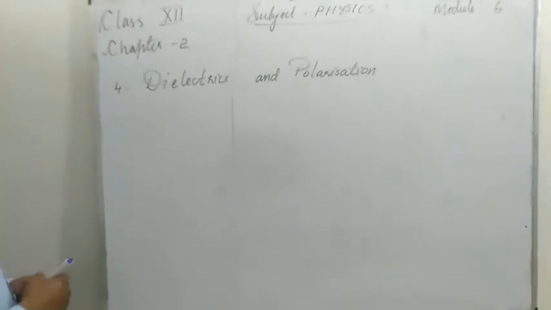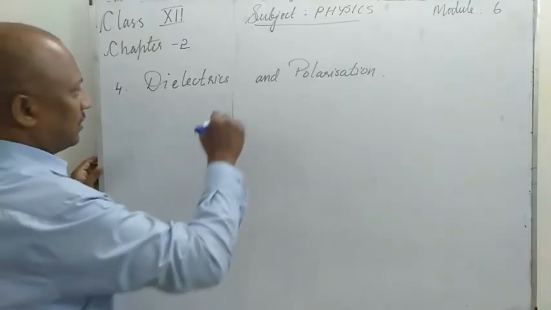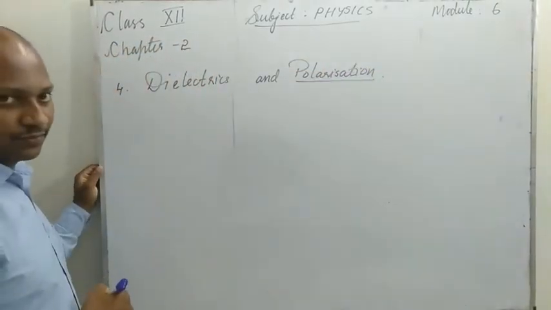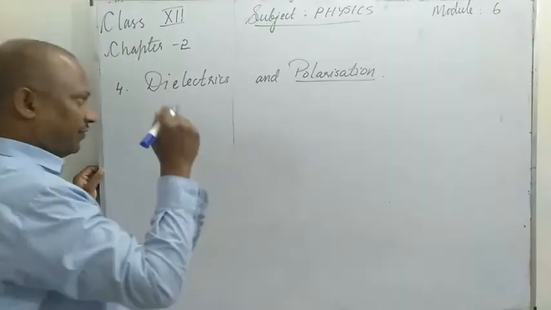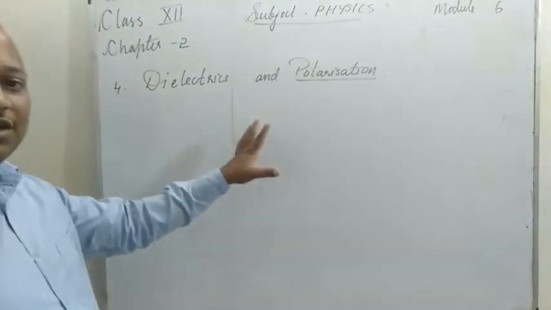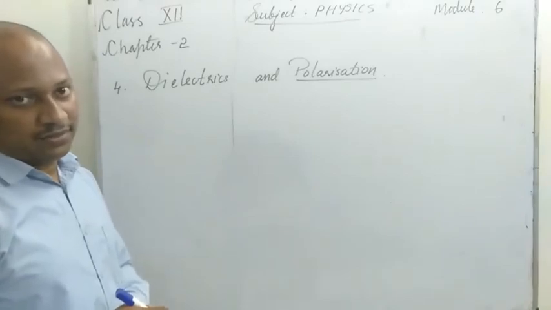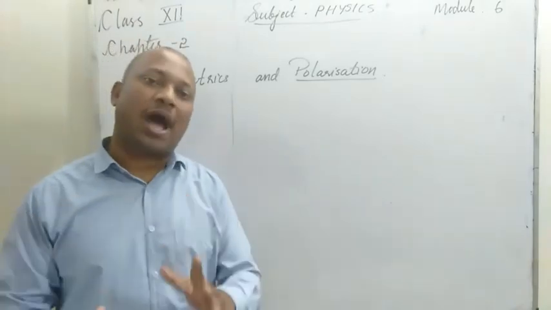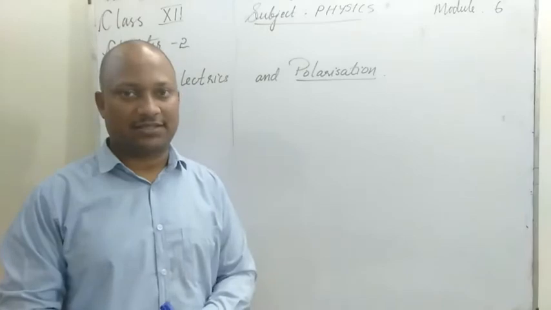So let's go to the next topic, that is polarization. We are talking about the polarization of dielectrics now. There are actually two types of dielectrics: one is a polar dielectric and the other is a non-polar dielectric.